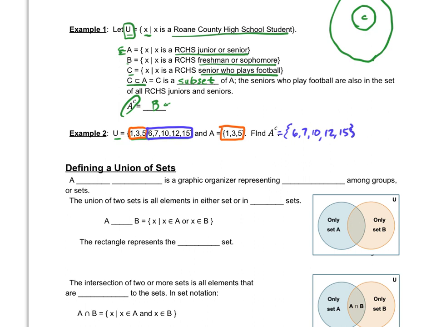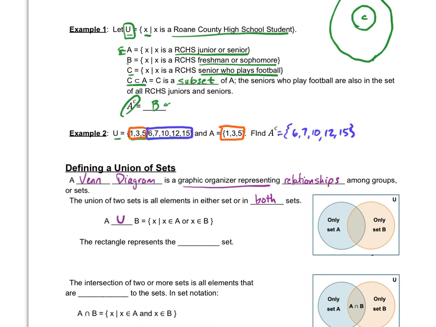Now, when we start defining a union of sets, we use a Venn diagram. A Venn diagram is a graphic organizer representing the relationships among groups or sets. The union of two sets is all elements in either set or both sets.